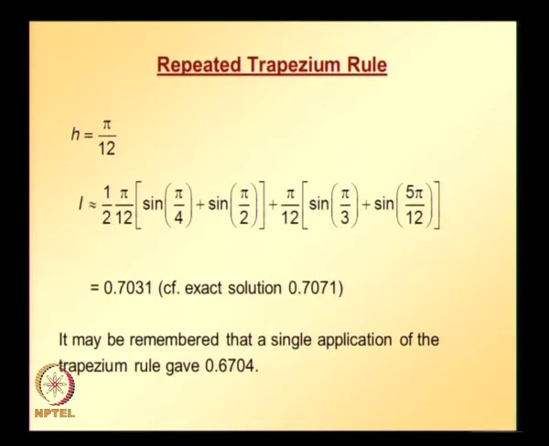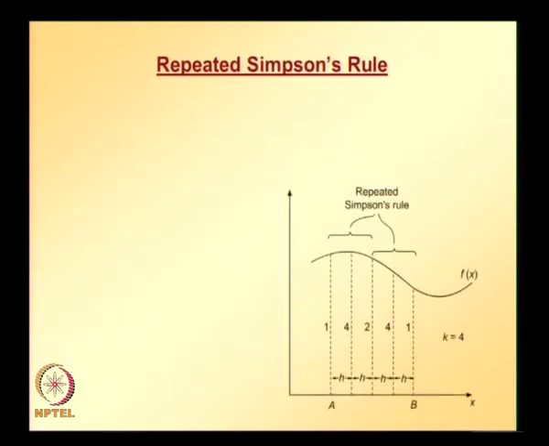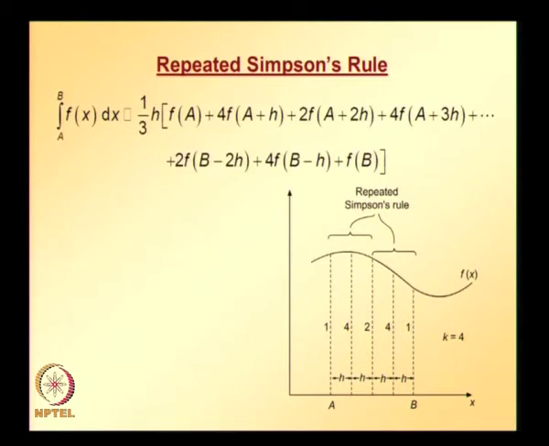Now, let us look at the repeated Simpson's rule. We need to apply the same logic. Instead of integrating at a single stretch a function or integral between the limits a to b, we divide this width a to b into a number of strips of width h. So, the h value depends on the number of strips and the distance between a to b.